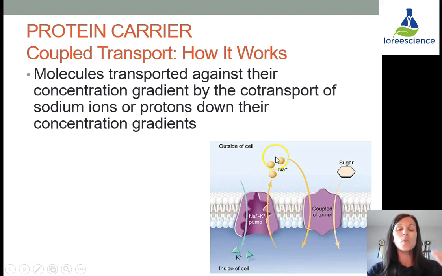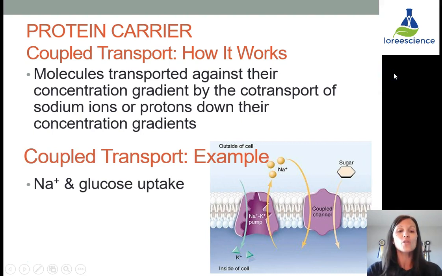So the sodium ions were pumped against their concentration gradient out of the cell, but as they return through another protein, the coupled channel, it also allows another molecule, in this case sugar, to come back into the cell. So the antiporter pumps the sodium out, they come back in passively, but allowing the sugar in. So for example, sodium and glucose uptake in the cell.